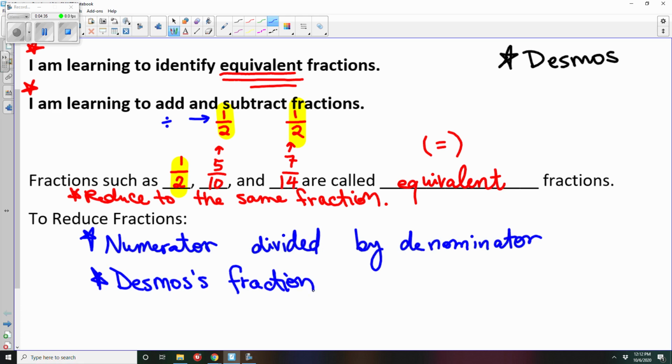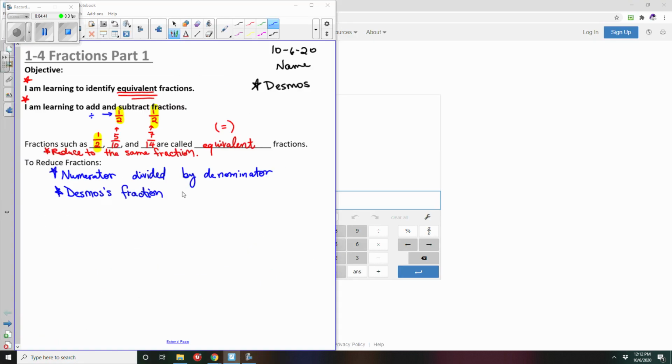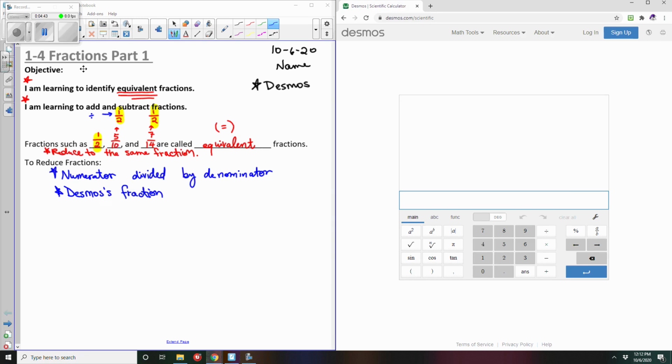To give us that example, in your Desmos calculator, let's put in your 5/10. So you can do 5 divided by 10. Oh man, try that again. 5 divided by 10.